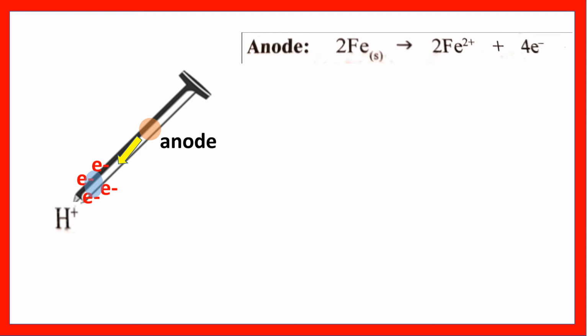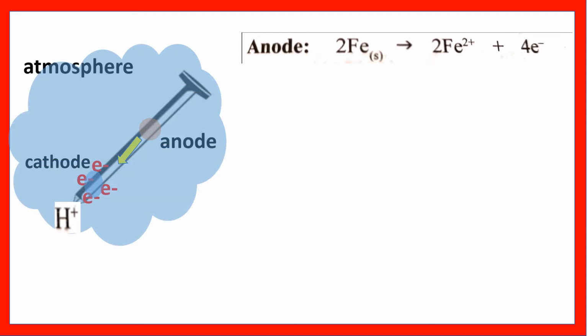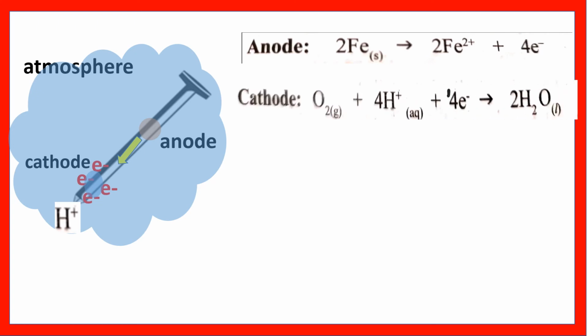Those hydrogen ions are available from the atmosphere, and this spot is known as the cathode. The cathode reaction takes the oxygen, hydrogen ions and the electrons transferred from anode to cathode, and they all become moisture, that is water.